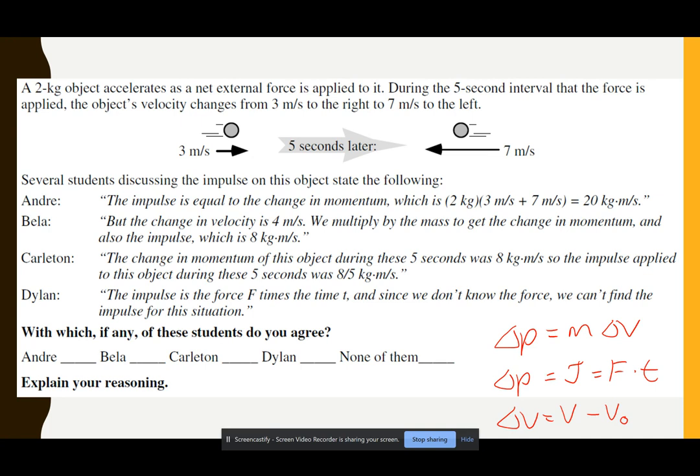We multiply by the mass to get the change in momentum and also the impulse, which gives you the answer. The change in momentum of this object during these 5 seconds was 8. So the impulse applied to this object during these 5 seconds is 8 divided by 5. It says the impulse is the force times the time, and since we don't know the force, we can't find the impulse of this situation. So hopefully I gave you enough little hints on this one.